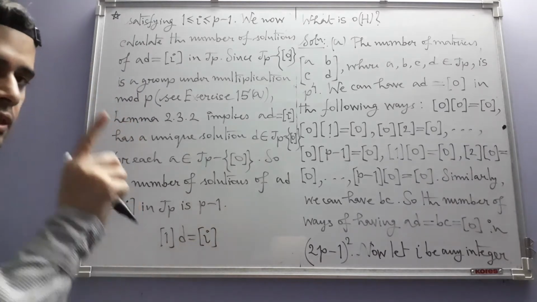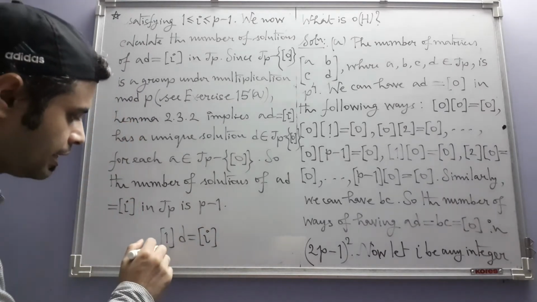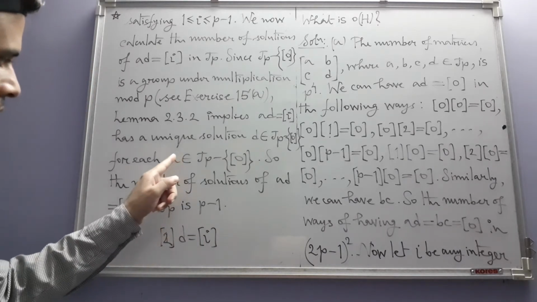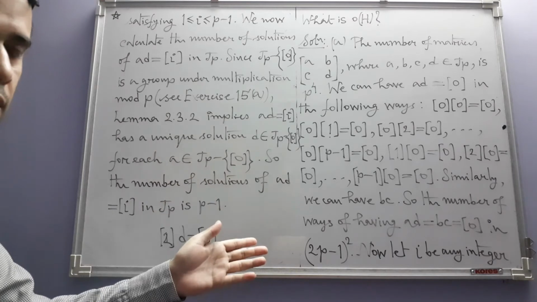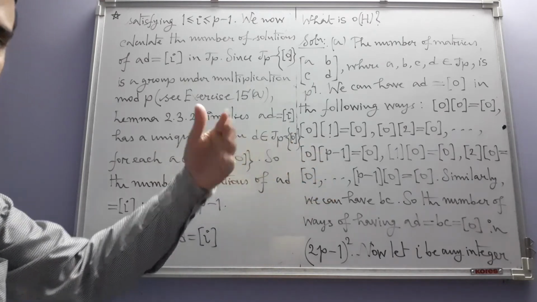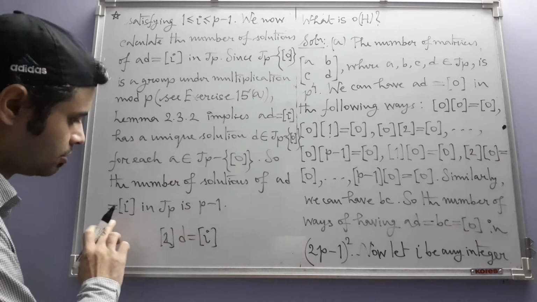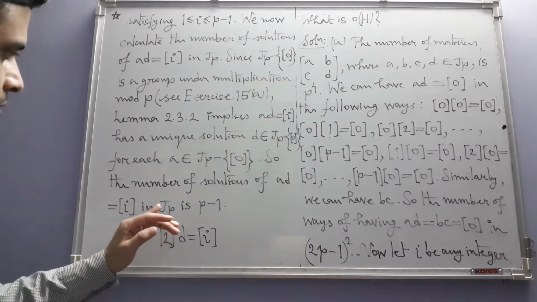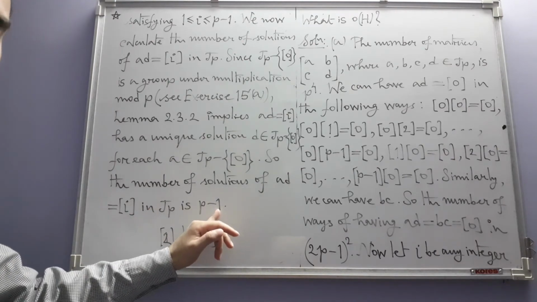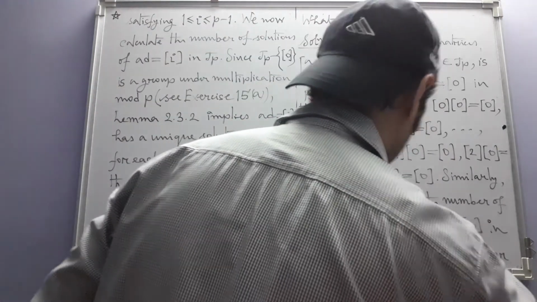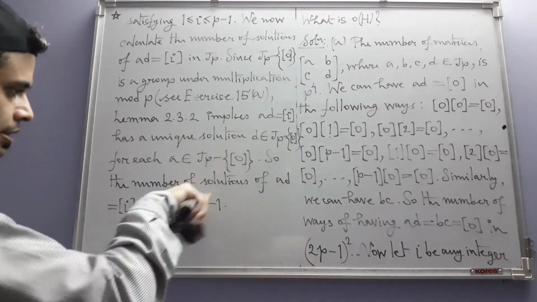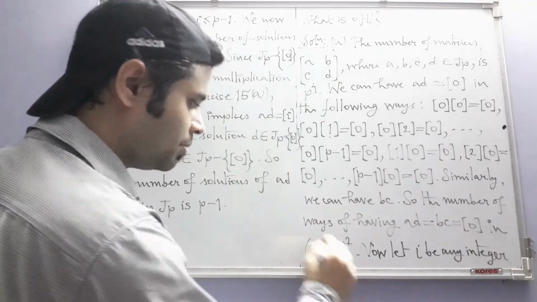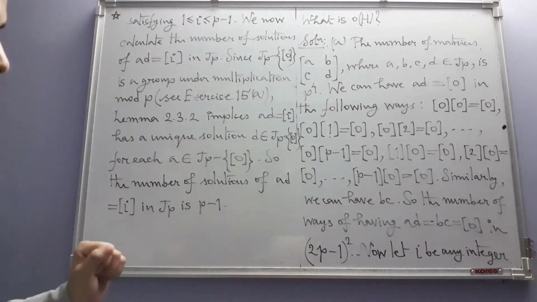For this there is exactly 1 D. You choose A to be 2, for that also there is exactly 1 D. For A there are p minus 1 choices, removing the 0 we are left with p minus 1 choices. So the total number of ways you can have AD equal to I in Jp is p minus 1. Note that this number is just like calculating that number, this 2p minus 1. Here we have p minus 1.